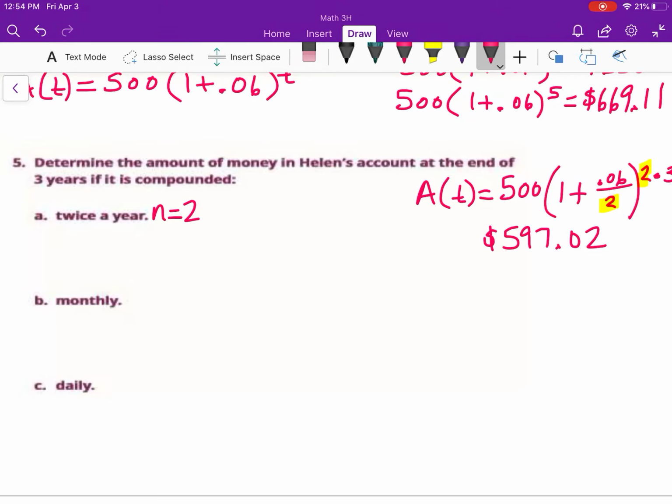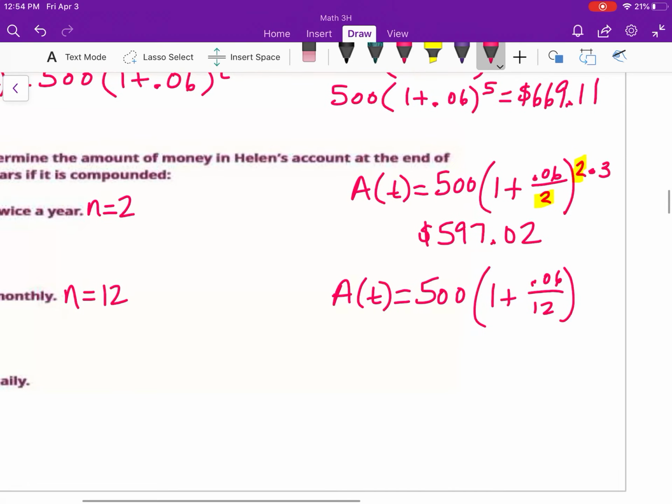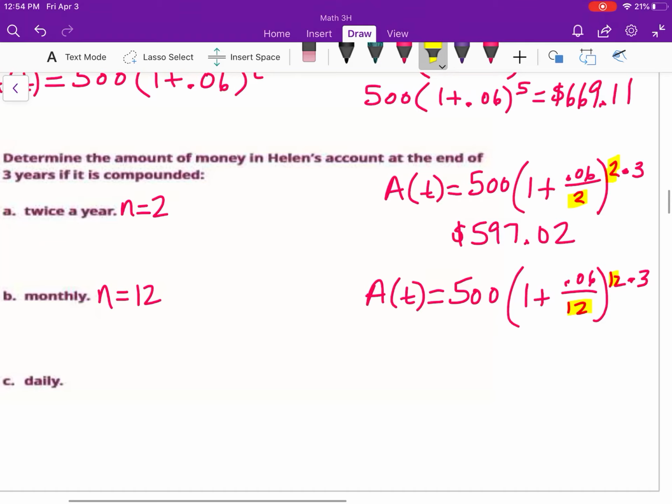So monthly, how many months are in a year? 12. So here n is 12. So your formula then becomes A of t equals 500 times 1 plus 0.06 over 12 this time to the 12t. See, that's the only difference, the number of times compounded.